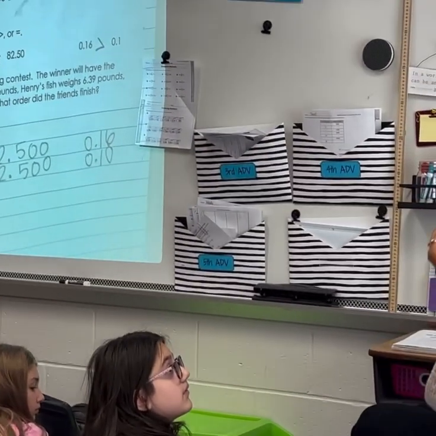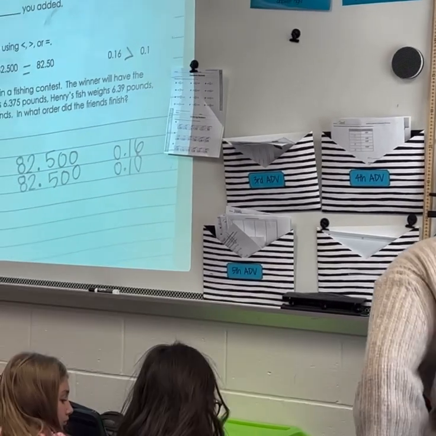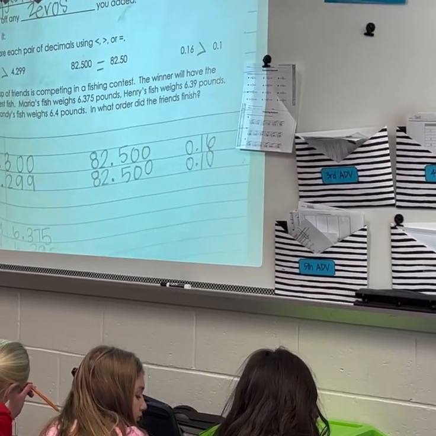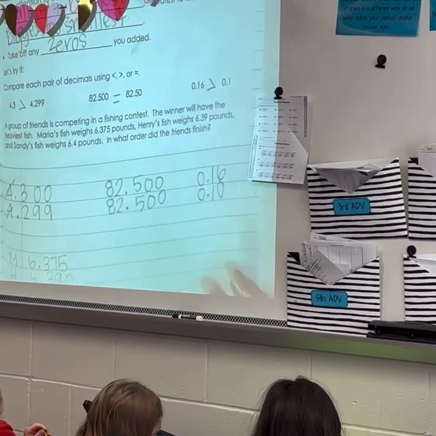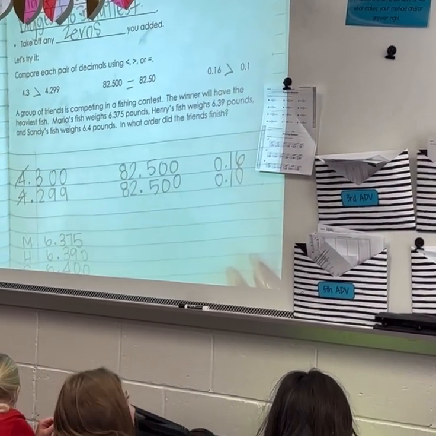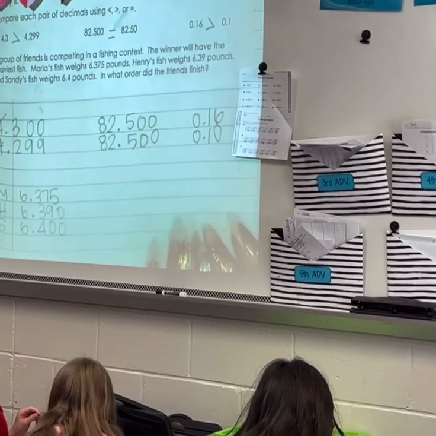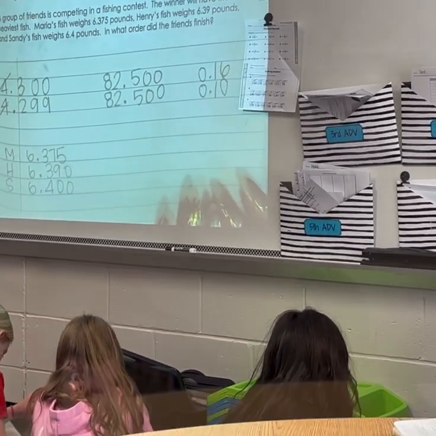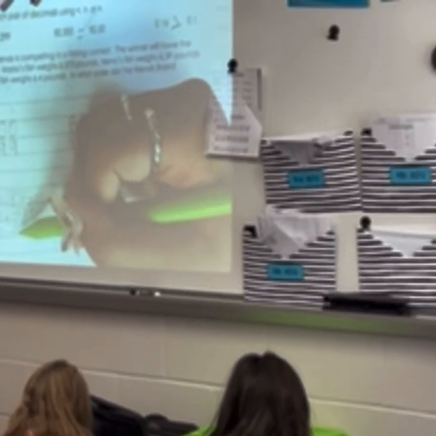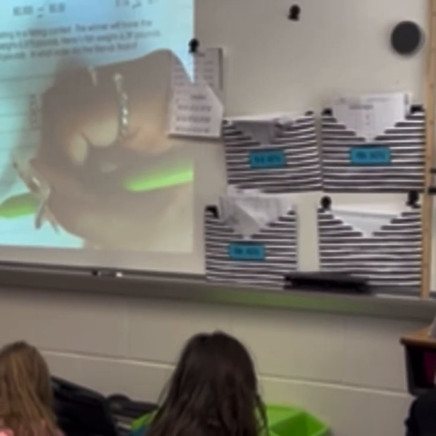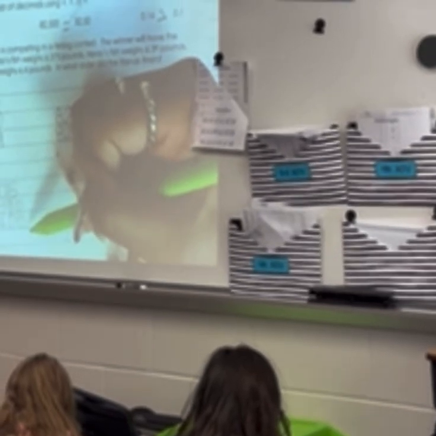So, Isla, I'm gonna stick with you. Tell me what you did first. So I first lined up my numbers for Maria's, which is 6 and 375 thousandths. And then for the next one, I did Andy's, which was 6 and 4 tenths. And then I added 2 zeros to line up the numbers.